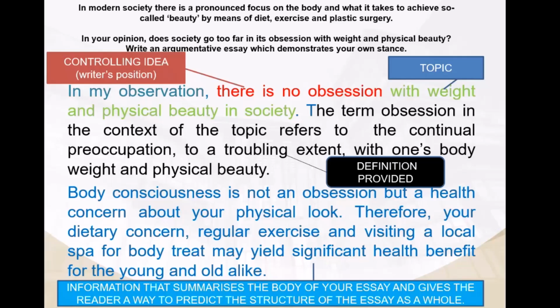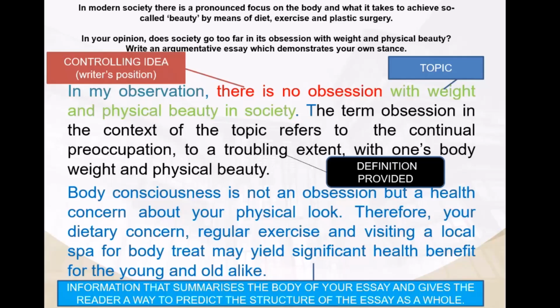So he defines the meaning of obsession. Now, he also does this to give the reader his interpretation of obsession. And so he says the term obsession in the context of the topic refers to the continual preoccupation to a troubling extent with one's body weight and physical beauty.